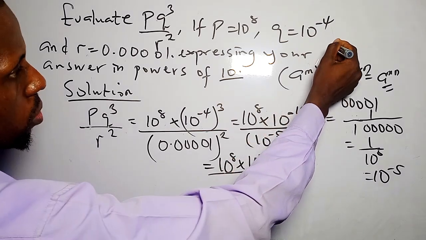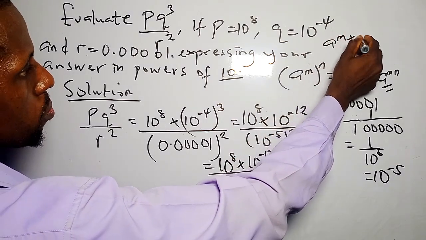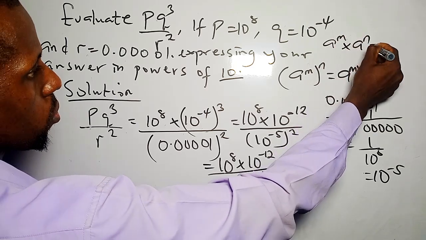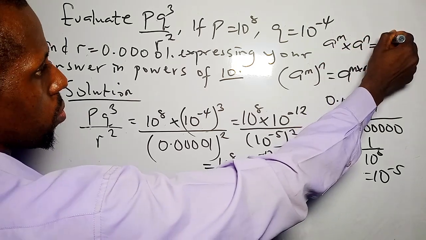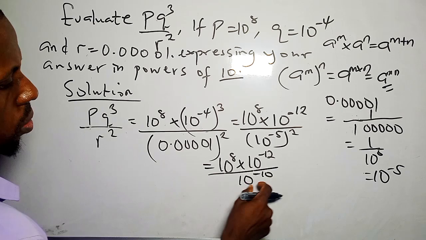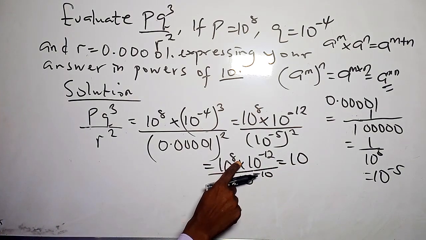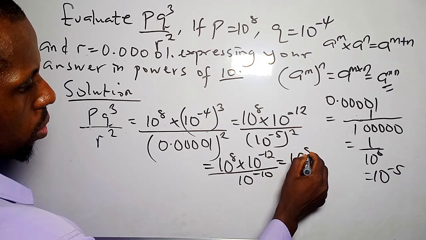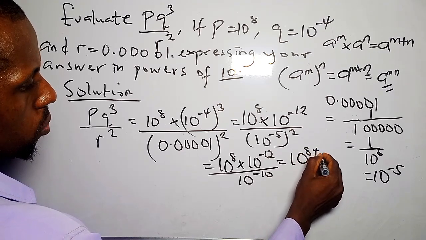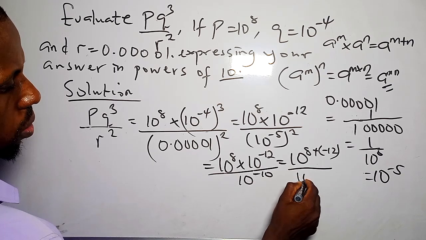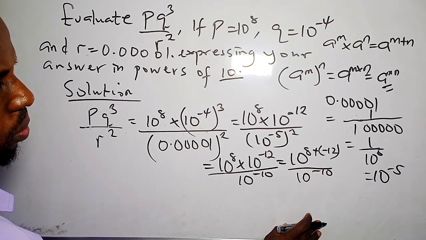When you look at the law of indices, when you multiply the same base, we pick out the base and add the powers. Likewise here we pick out 10, which is the base, and add up the powers. So we have 8 plus minus 12, divided by 10 raised to the power minus 10.